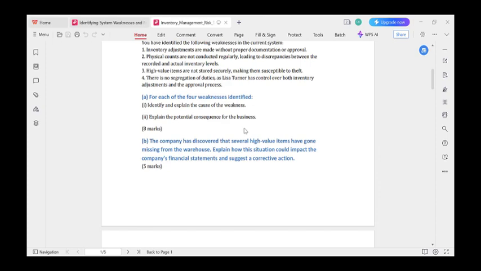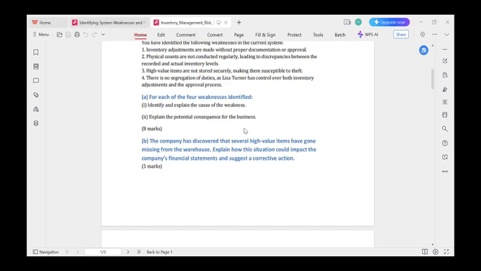Then we have the third thing, which is high value items are not stored securely, making them susceptible to theft. Okay. So if this is happening, the cause is definitely we have inadequate security measures.